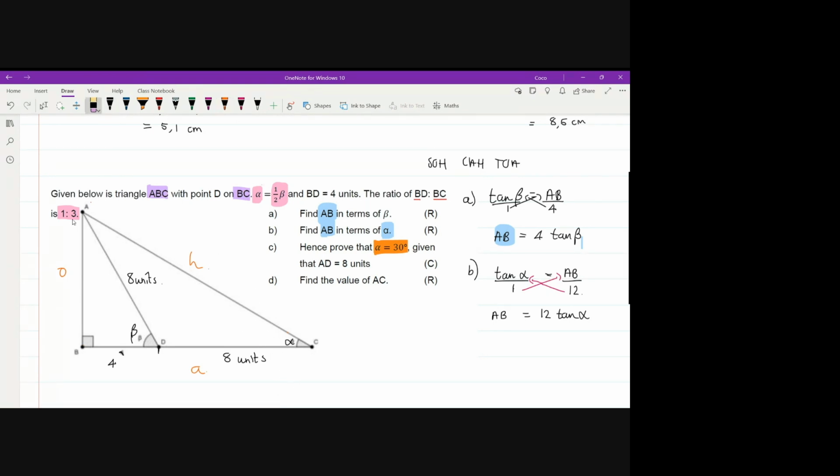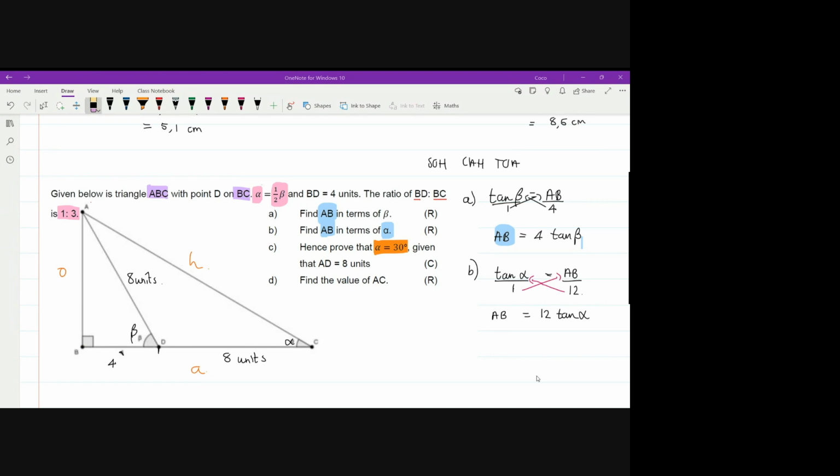We need to use the triangle that they've given us. Which triangle are we going to work in, guys? Yes, that's it. Abu's already given us the correct thing. We can use triangle ABD, and Pythagoras is not going to work here, because what are we looking for?